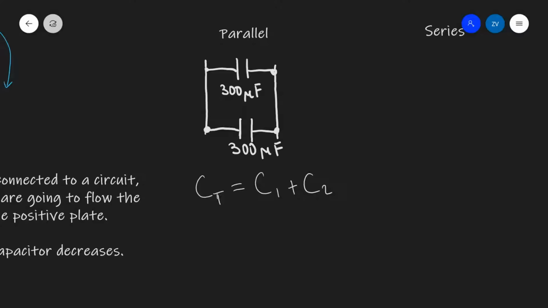Applied to this problem, the total capacitance is going to simply be equal to 300 plus 300, which will be equal to 600 microfarads.